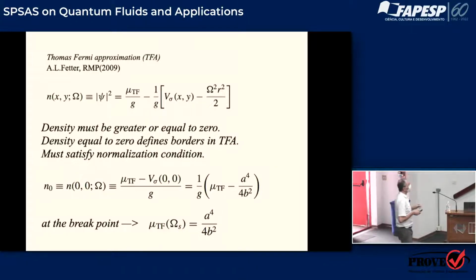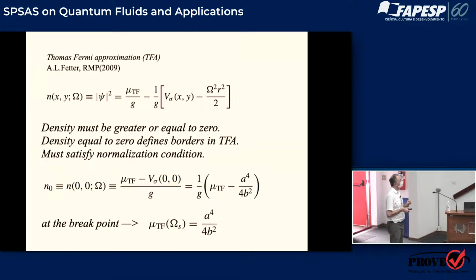So in the lower line, n naught is defined by the density in the center of the trap, mu Thomas Fermi minus V sigma 00 over G, and equals 1 over G mu Thomas Fermi, where you have A square over B square.